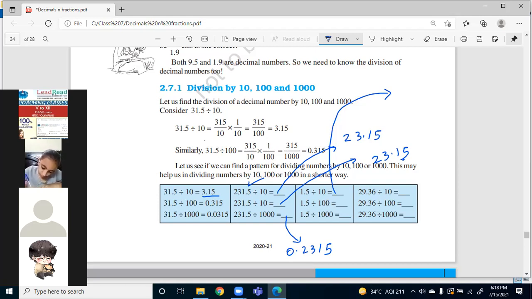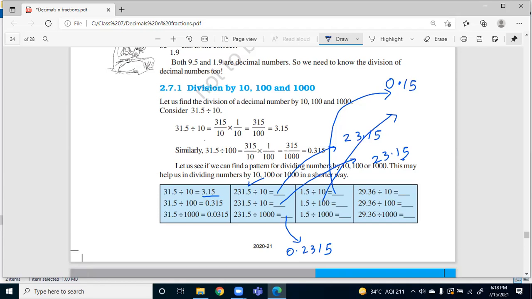Okay, Rakshita, what do you say for the 1.5 divided by 10? Ma'am, I think the answer is 0.15. Correct. Okay, Samraj, what do you say for the second part? Ma'am, the answer is 0.015.